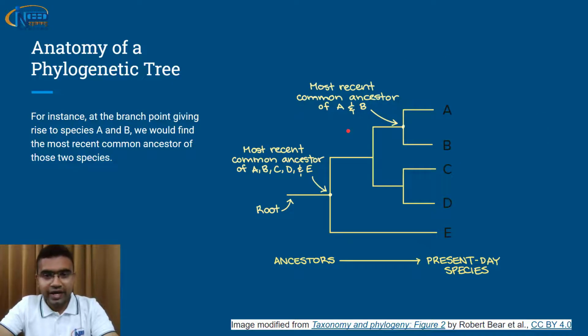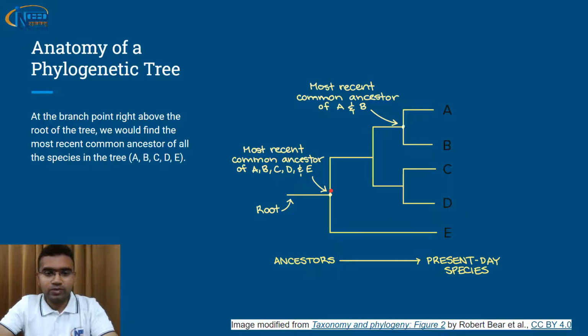Let us move ahead and try to understand more. In this slide, you can see this is highlighted between A and B. This node is the most recent common ancestor. And here you can see the most recent common ancestor amongst all of them.